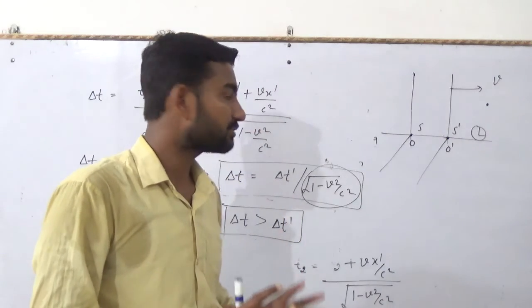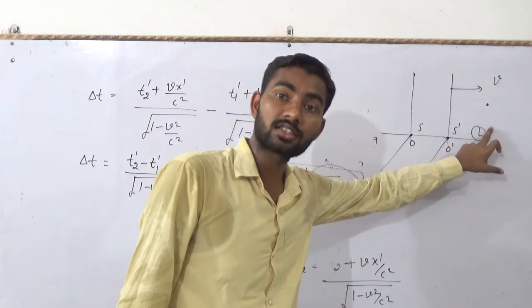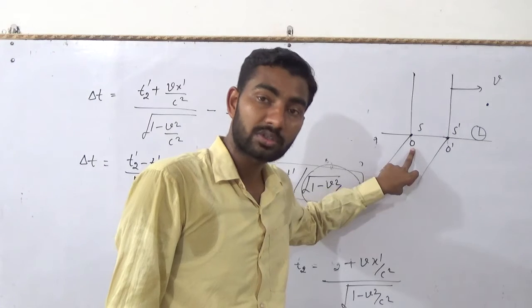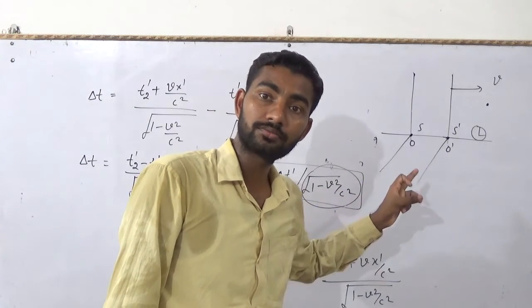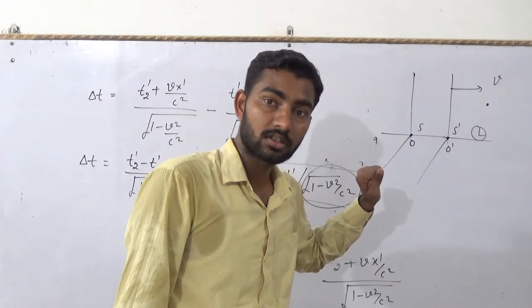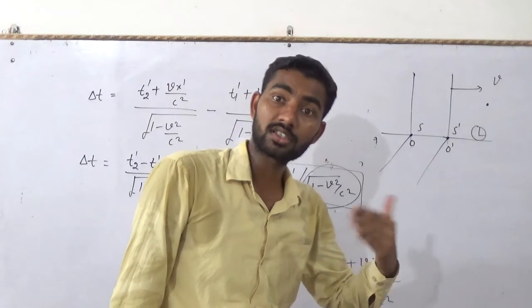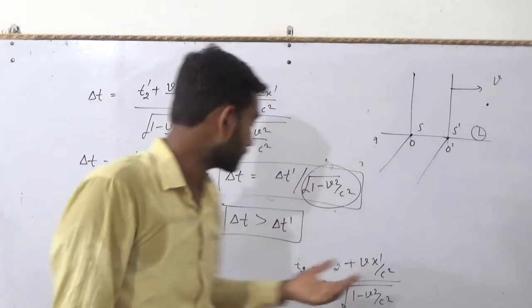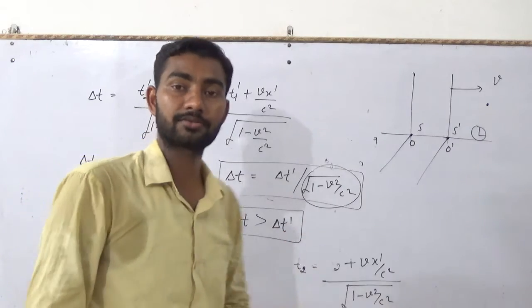Here very simply we have seen the clock was at rest in this frame of reference, and we are assuming two events from this frame of reference. Then we have found the time interval is greater. From this frame of reference, the time interval we have found is del t, and here we have written del t is greater than del t dash.